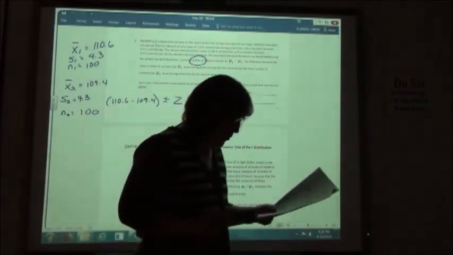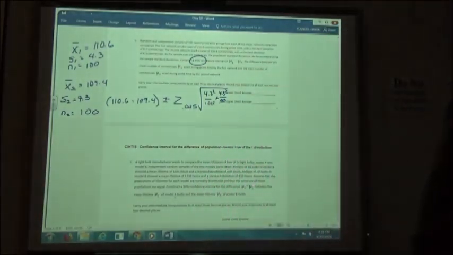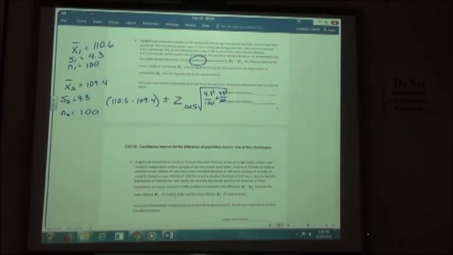0.62. Whoops. It's not what I got. We got 0.62? 0.625 or 0.625? Oh, you didn't do the squaring on your 4.3s. Did you both do the same thing? Hit undo for me.